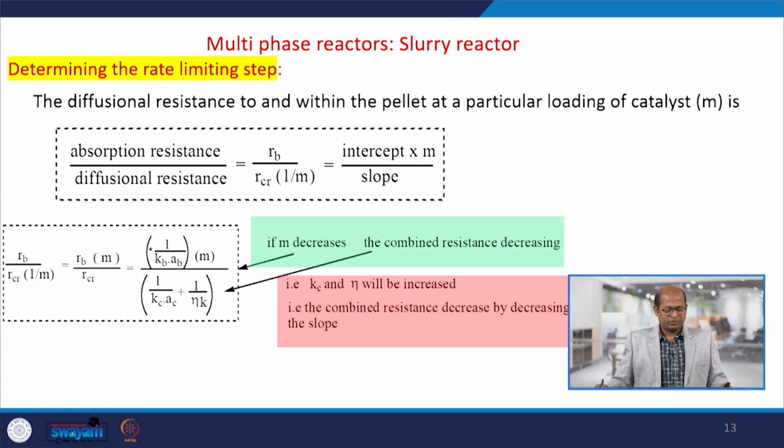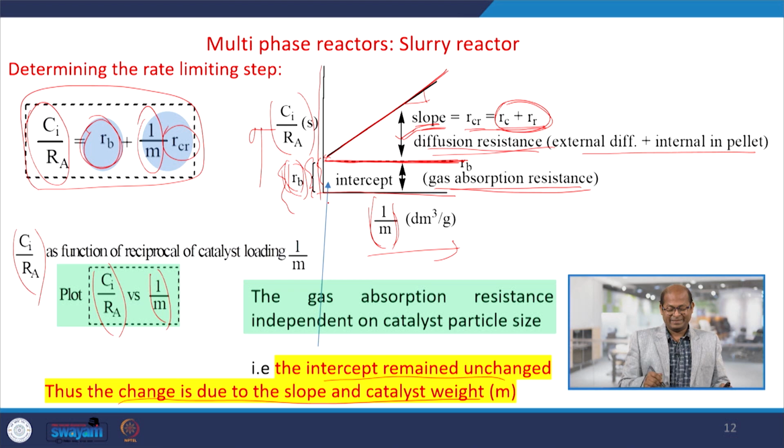Okay, so here the intercept indicates the gas phase absorption and this is the diffusional resistance. Okay, so if we change the catalyst particles, either increase or decrease the amount of catalyst for that particular reaction, the gas phase absorption would not be affected, it remains constant.